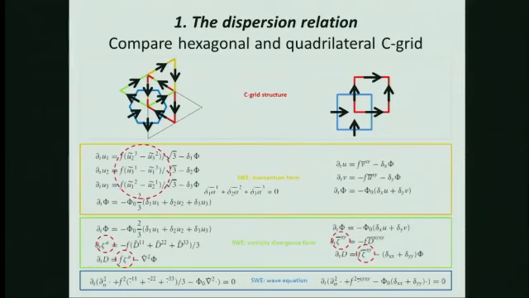We can do the same thing also for the hexagonal C-grid, and we write down the divergence equation. Now we have here a theta A, so an averaged vorticity which appears at the same point as the divergence, in the center of a hexagon. And this theta A is formed out of these averaged velocity components.